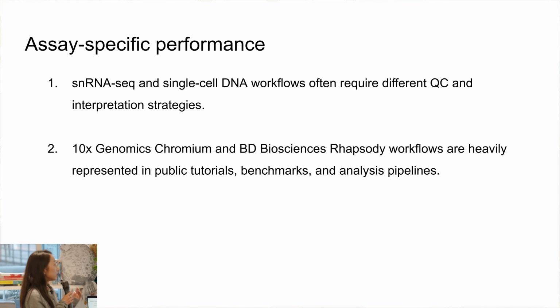And then for the traditional, widely used single-cell RNA-seq kits, we have Chromium and BD Rhapsody, which are heavily represented in the public benchmarks, as well as open source tools such as Seurat and Scanpy tutorials, and are widely used in publications.